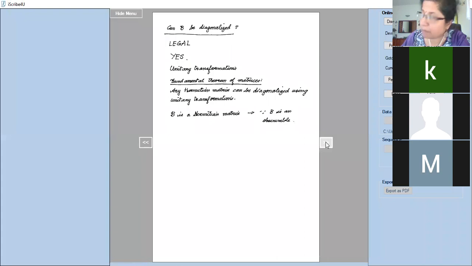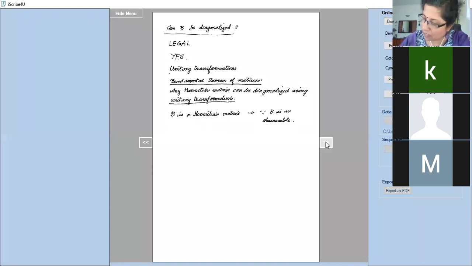Please look up the properties of an observable and you'll realize that one of the properties is that it is Hermitian. Next is that it can be diagonalized, and you can diagonalize it using unitary transformation. Right now, please accept it on faith. I am going to prove it to you. We are going to do unitary transformations after this.